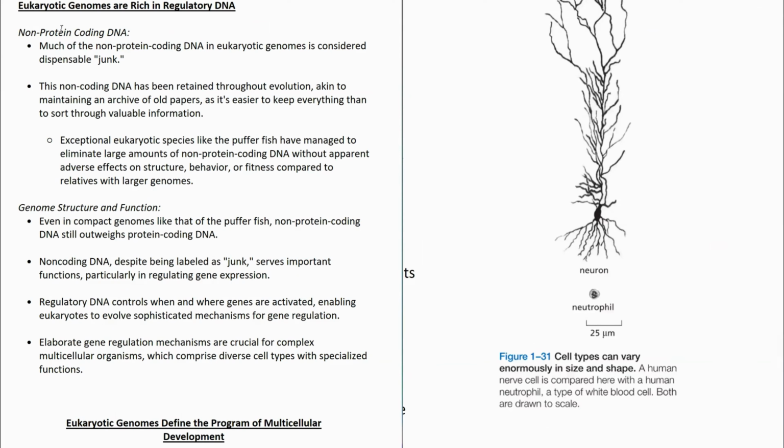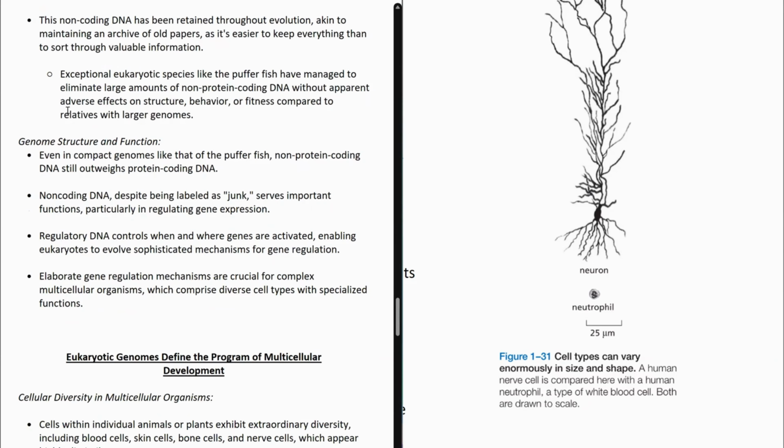All right. So eukaryotic genomes are rich in regulatory DNA. There are certain concepts that you should know, and we'll get into this in a lot more detail. Non-protein coding DNA, again, I just mentioned this, was referred to as junk DNA, and it has been retained through evolution.